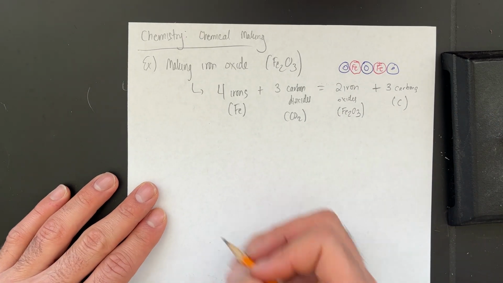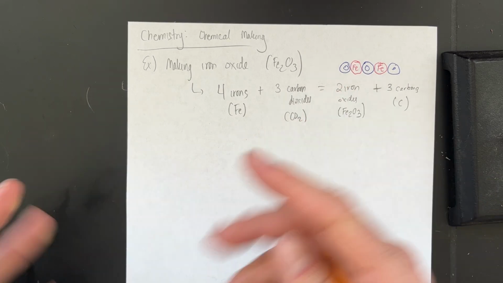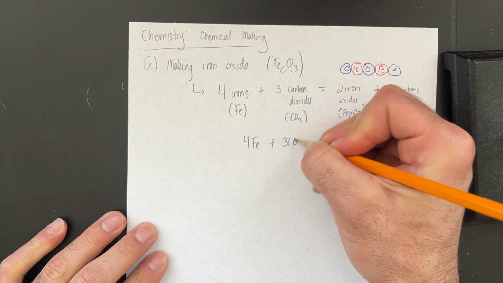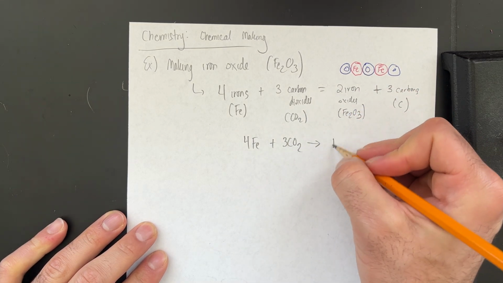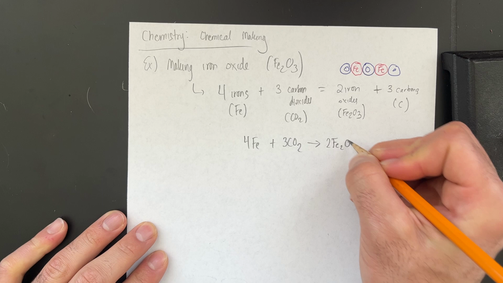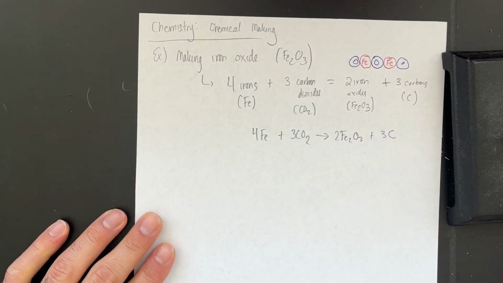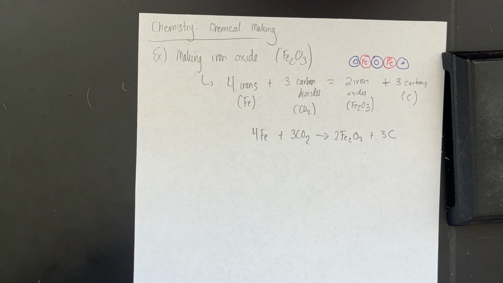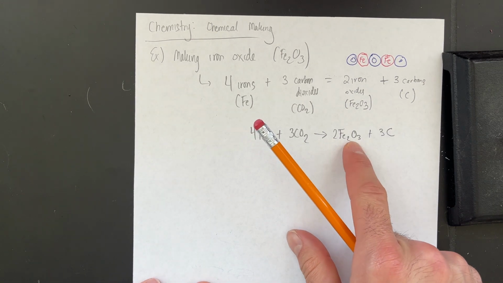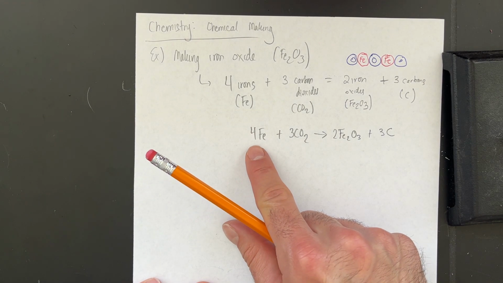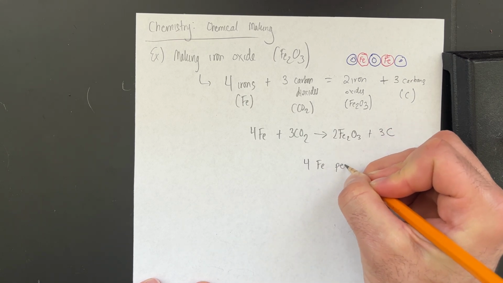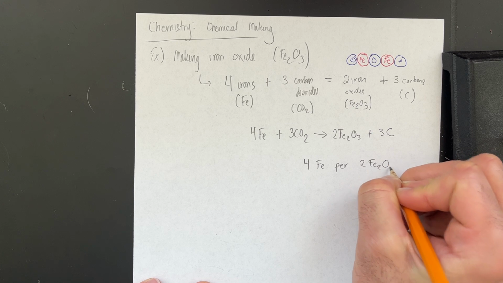We can rewrite this, just like with the sandwich making, in terms of symbols. We can write it as 4Fe plus 3CO2 yields, it produces, 2Fe2O3 plus 3 carbon. And similarly to sandwich making, what we can see here are ratios. We can see that in order to make 2 Fe2O3s, you need to have 4 Fe's. In other words, 4 Fe's per every 2 Fe2O3s.